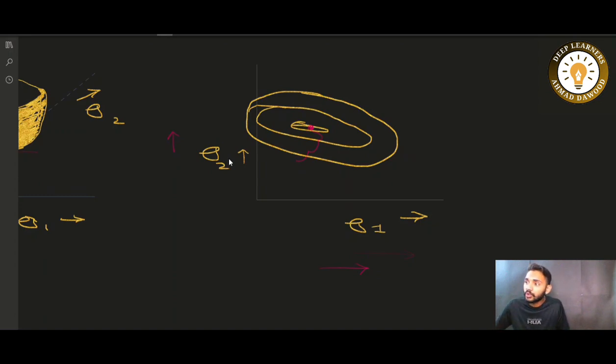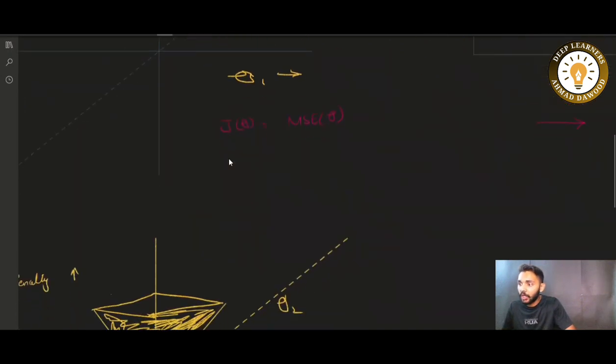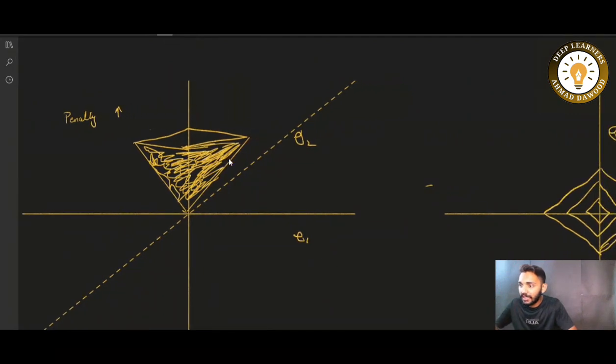So our cost function was g of theta equal to MSE of theta, the type of function we had before regularization. Now let's visualize the penalty function, where g of theta is equal to the penalty.